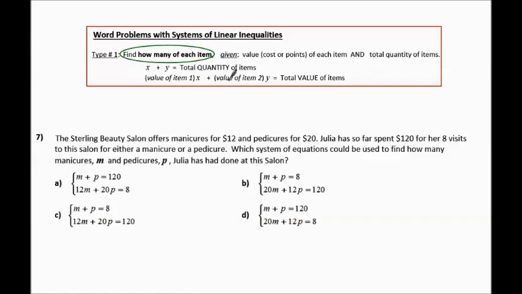To set up a system of equations where they're asking you how many of each item, the first equation is going to be the first item we're talking about, which in this case we're talking about M, plus the second item they're talking about, which is pedicures P, is going to be equal to the total quantity of those items, which if we read here, she has gone 8 times.